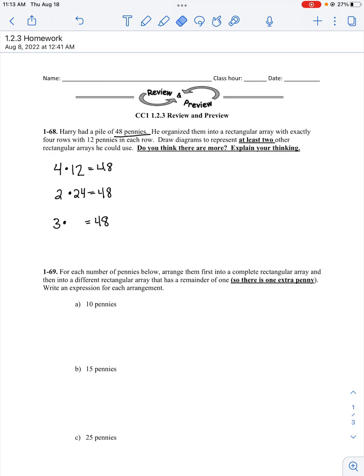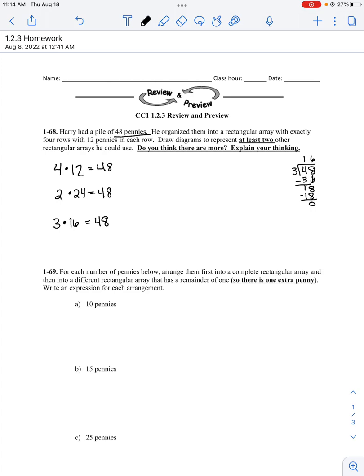Now I might have to use some division here or look at my multiplication chart. 48 divided by 3. 3 goes into 4 one time. Well, 4 minus 3 is 1. 3 times 6 is 18. So it's 3 times 16.